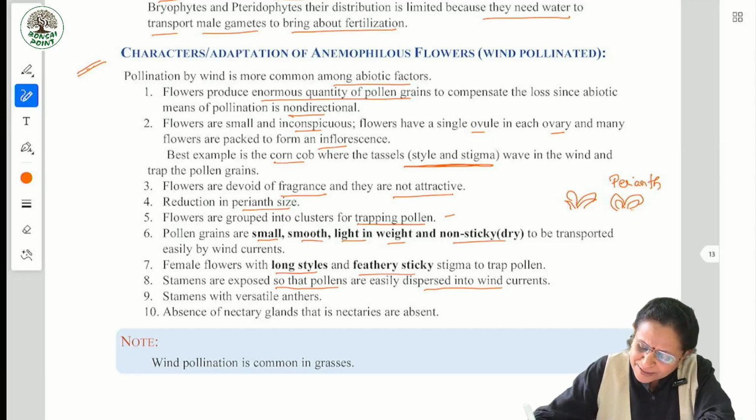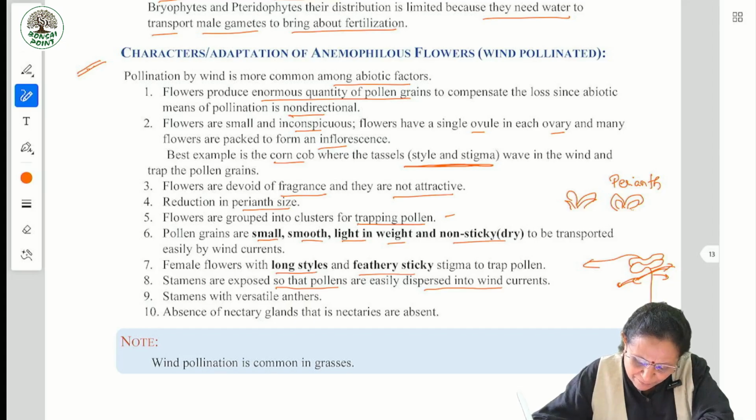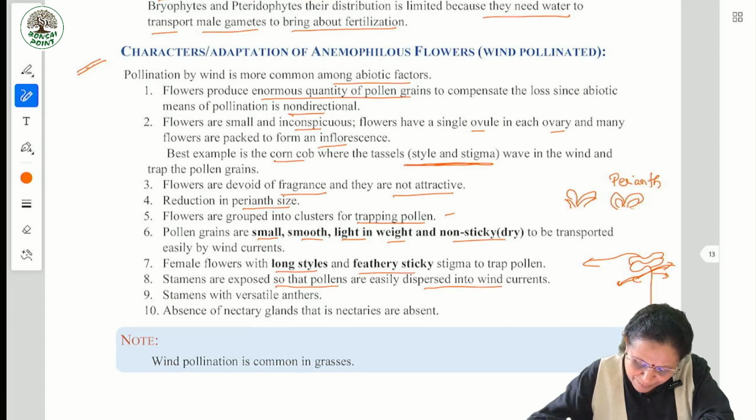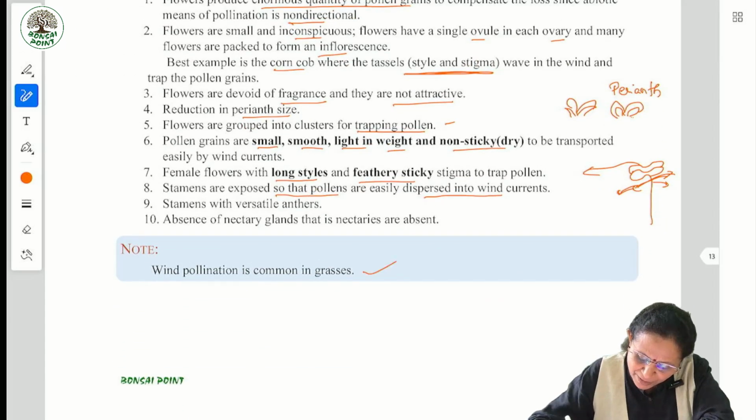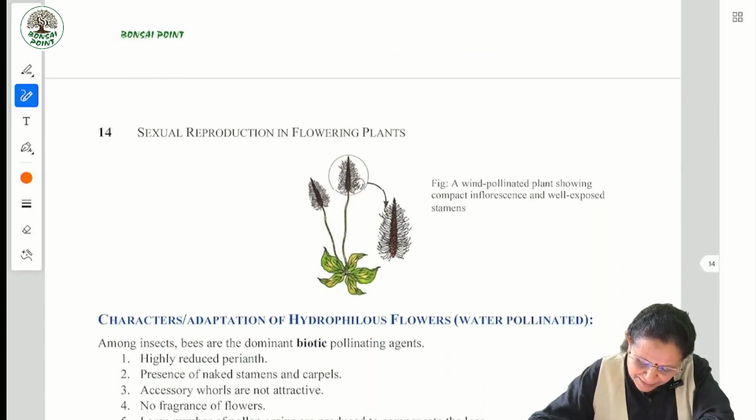Stamens are versatile, and the long style and bilobed stigma keep on moving. Okay, when there's wind, the pollen is carried away by wind. Thereby we say stamens are versatile in nature. Nectaries are absent. Wind pollination is very common in grasses.